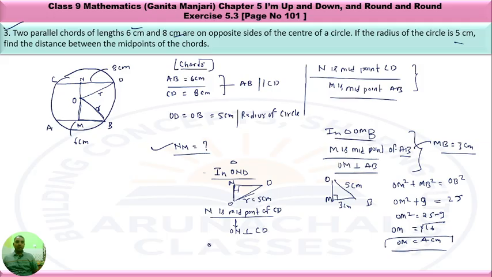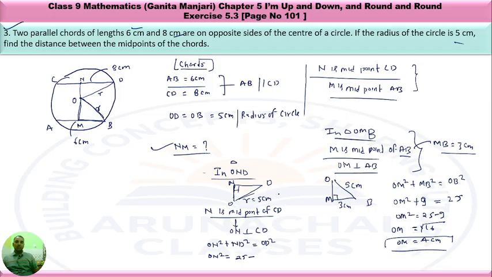So ON square plus ND square is equal to OD square. ON square is equal to OD square minus ND square. What is OD? That is the radius of the circle. Here it is 5 times 5 is 25 minus ND square. Overall CD is 8 centimeter.